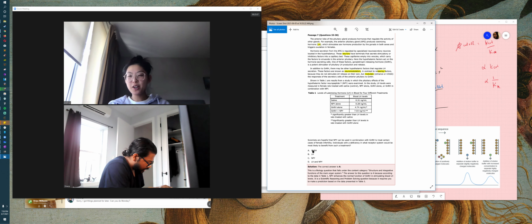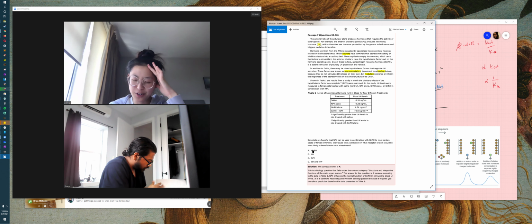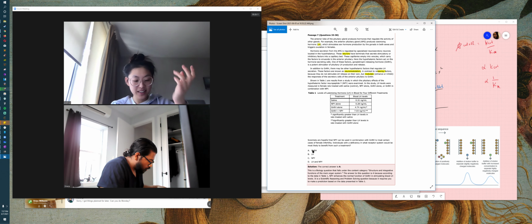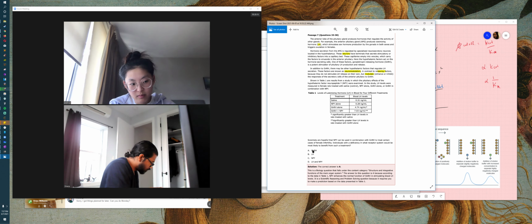I'm not sure if that's the level of thinking I need to go to, because on the test I will for sure not think at that level of detail. So I don't know. Well, the hypothalamus is like the relay center, right? It takes in information from your brain and releases hormones, which cause effects downstream.